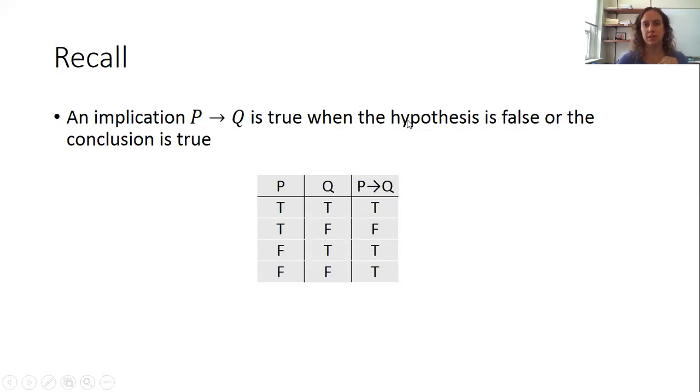Notice that in this truth table, when the hypothesis is false, which is the last two rows, the implication if P then Q is true. The implication is also true if the conclusion is true, so that's the first row as well as the third row. The only case where the implication is false is if the hypothesis, the P, is true, and the conclusion, the Q, is false.